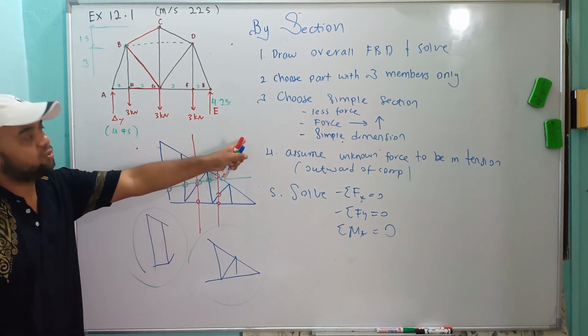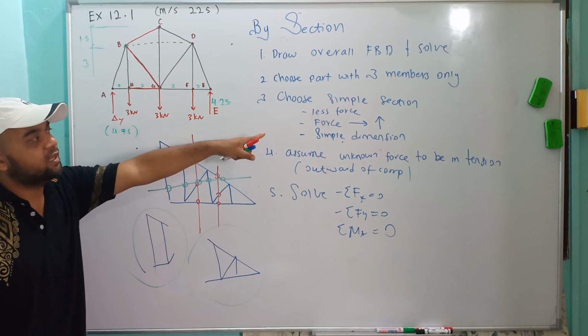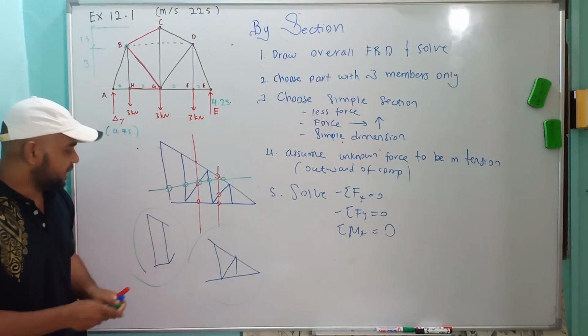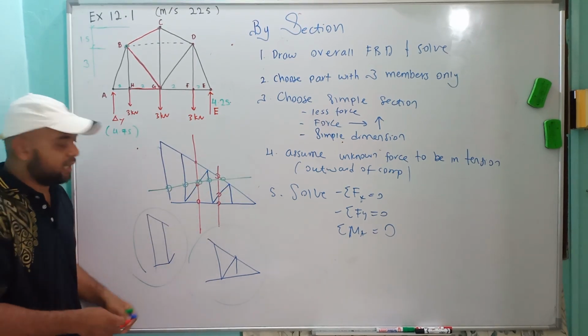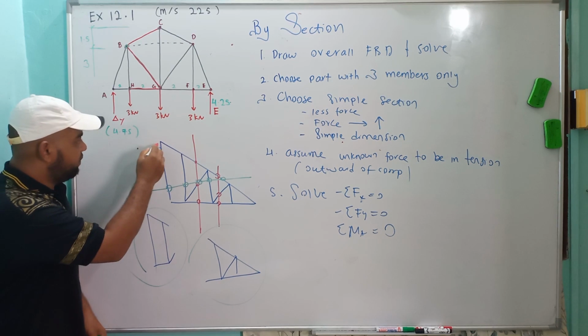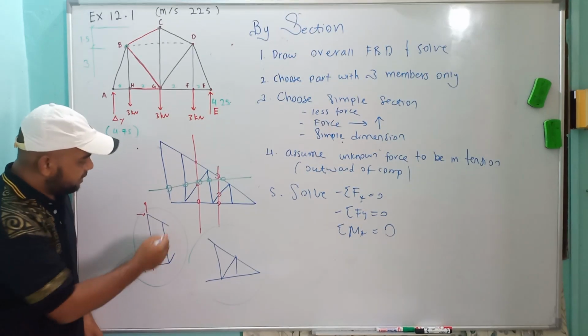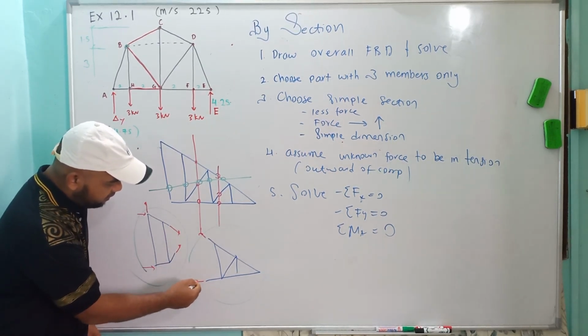When you want to choose, we said here: fewer forces in x and y, and also simple dimensions. Meaning that at the end here, when you do the free body diagram, here maybe you will have a force in x and y, and here force 1, and here is 1 force, and the other part there, 1 force.